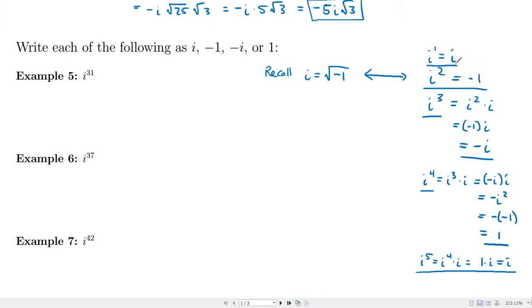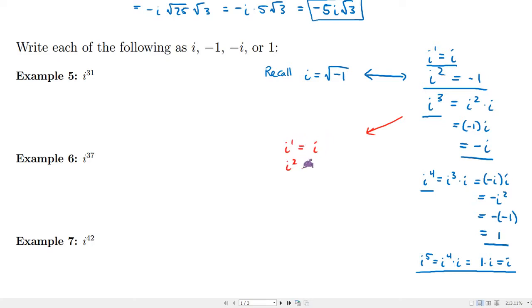So you see what's actually happening here is you sort of have this cyclic behavior. i to the first is i, i squared is -1, i cubed is -i, i to the fourth is 1, i to the fifth is i, and that pattern continues on. So what we get is sort of this following pattern. So this work tells us this. So let me just kind of write this out.